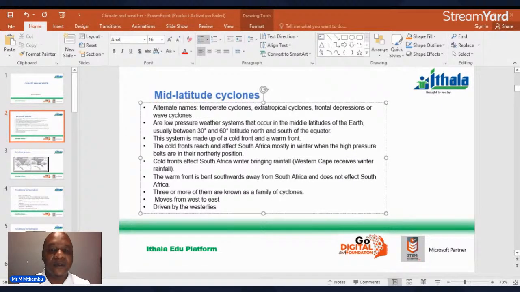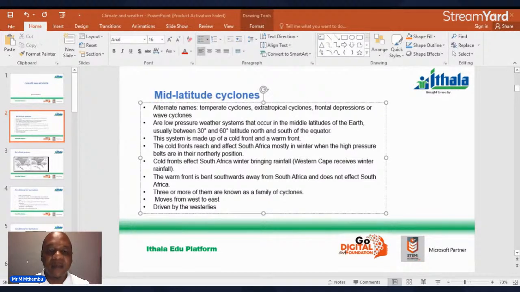I will show you where exactly a mid-latitude cyclone occurs or takes place. It takes place here between these latitudes, 30 degrees as well as 60 degrees. So these are two parcels of air with moisture content. They are moving in opposite directions.